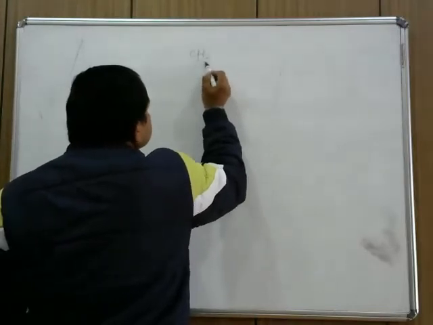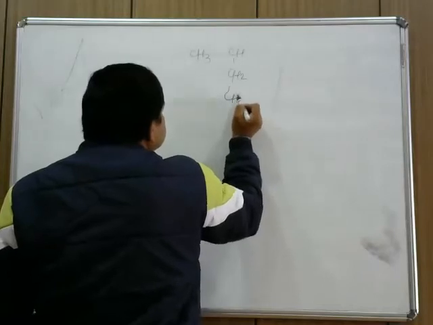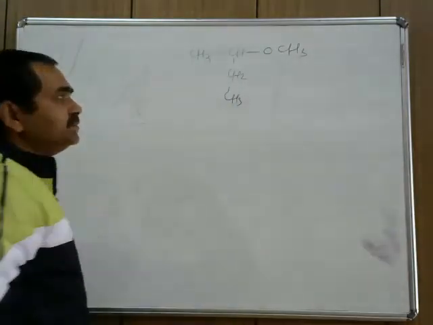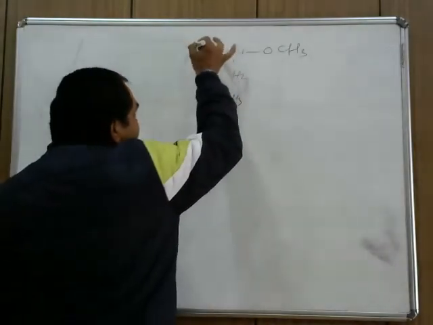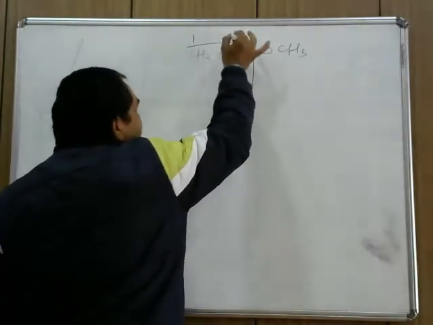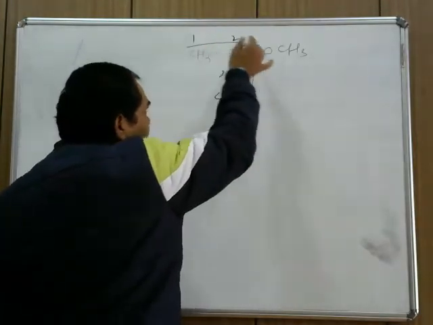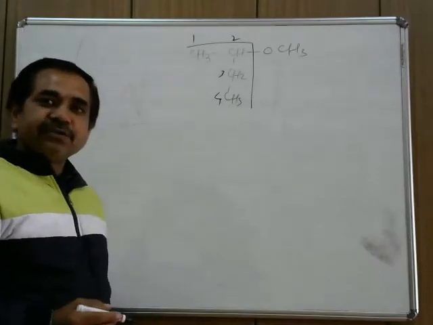Now CH3, CH, CH2, CH3, OCH3. So this will be the longest chain. 1, 2, 3, 4. So numbering from left to right gives the second position to the OCH3 group.